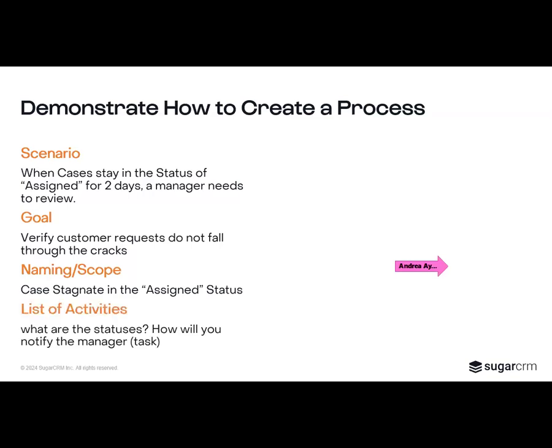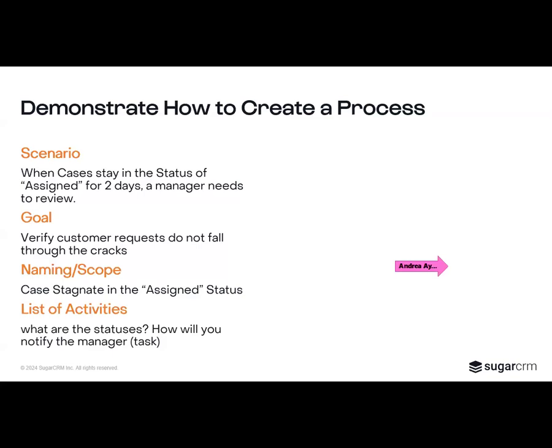I need to know a couple things. So there's 2 places in my workflow where I'm going to need to know the status at the very beginning from the trigger. And then after I wait 2 days, I need to make sure it's not still assigned. What if it triggered, but after 2 days it changed to complete or to in progress or pending input or whatever another status is, right?